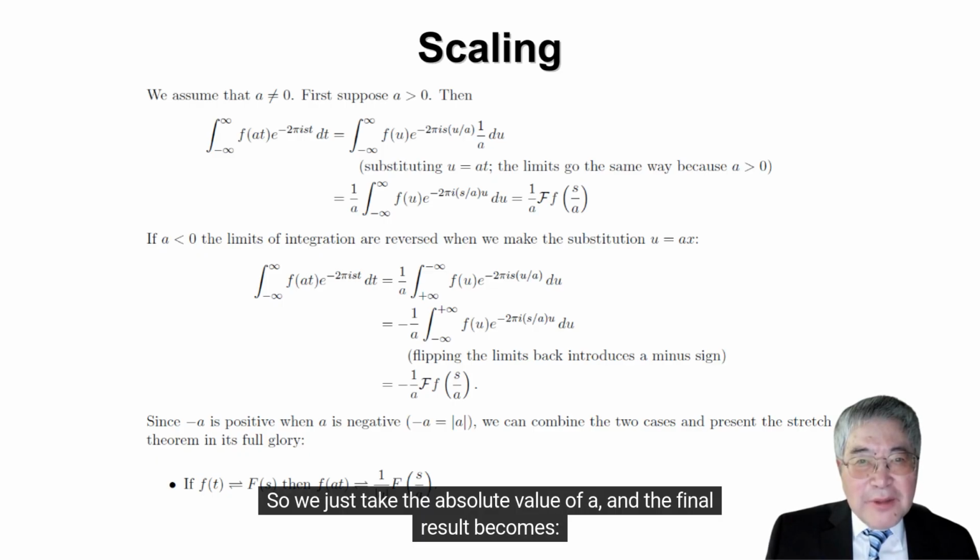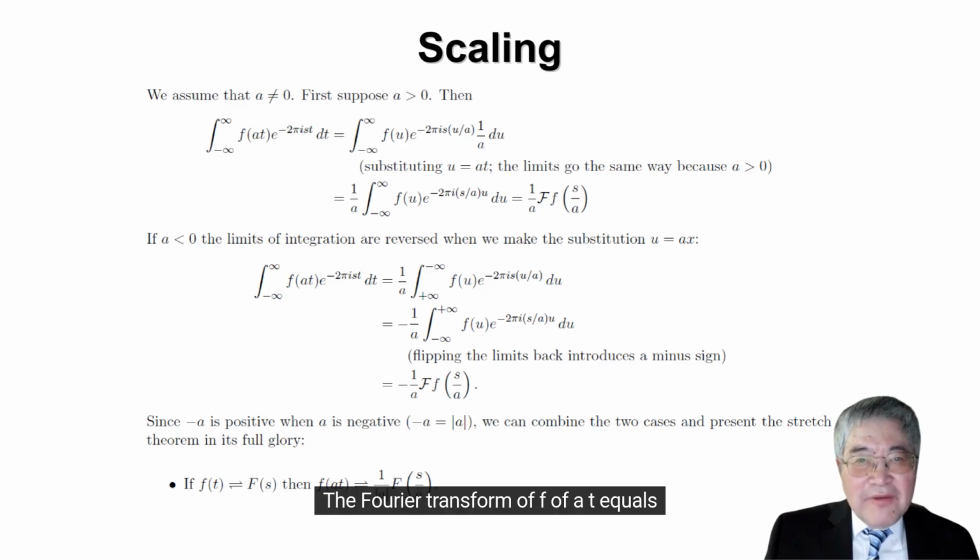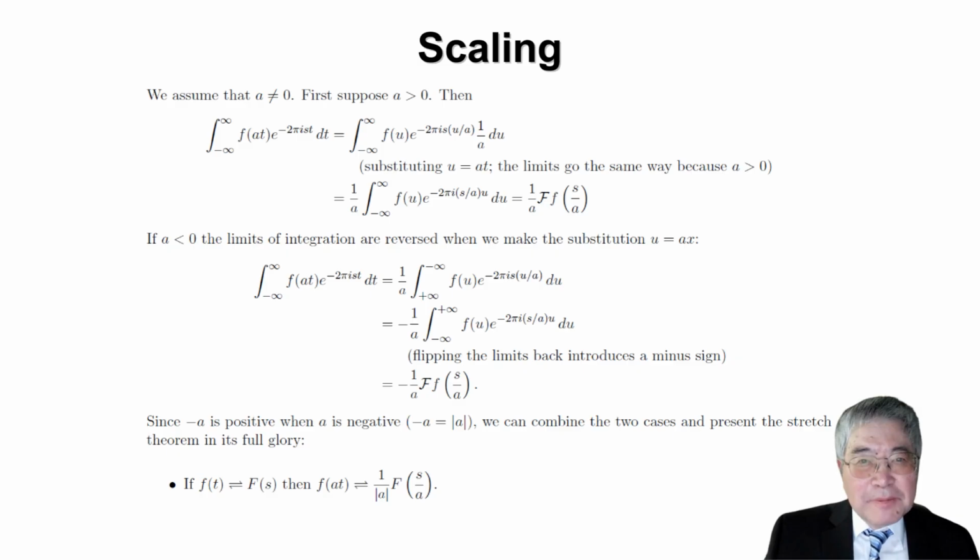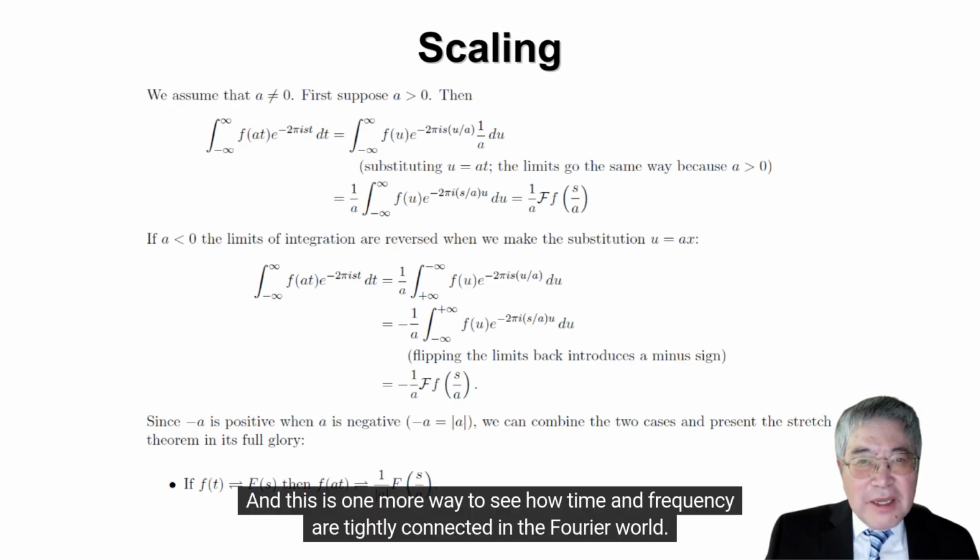So we just take the absolute value of a, and the final result becomes the Fourier transform of f of a t equals 1 over the absolute value of a times F of s over a. So in short, scaling in time causes the opposite effect in frequency. That's the scaling property. And this is one more way to see how time and frequency are tightly connected in the Fourier world.